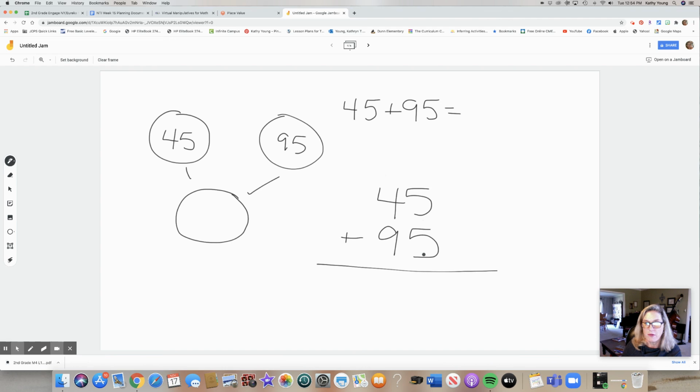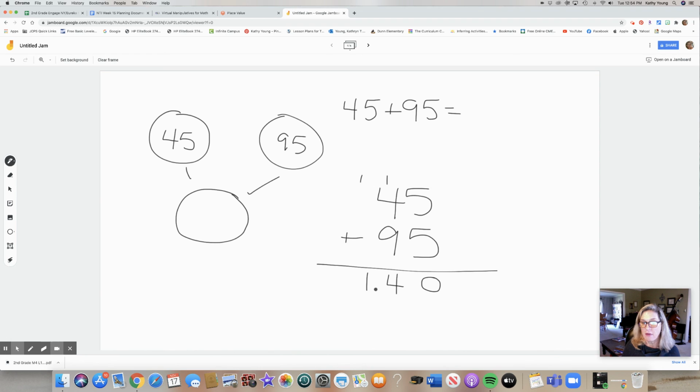And I know that 5 plus 5 is 10, so I put my 0 ones and my 1 would go in the tens place. And 9 plus 1 is 10, plus 4 is 14. So I would have 4 tens. And I'm going to put a 1 over here, and I'm going to have 100.